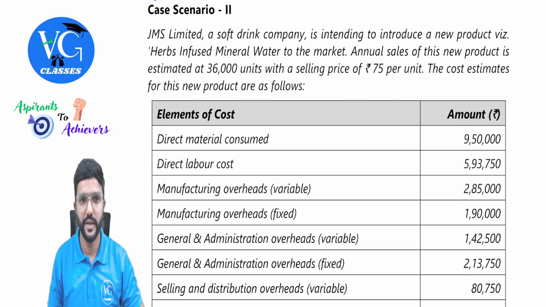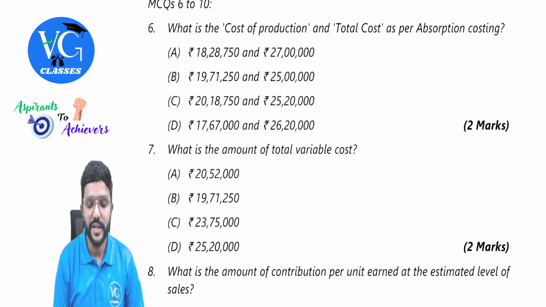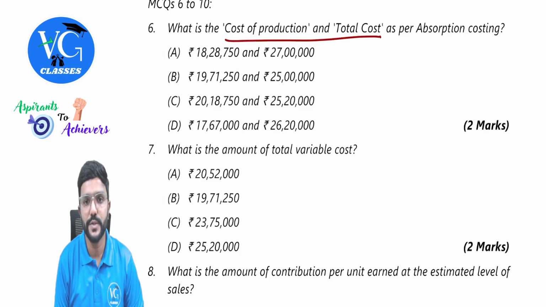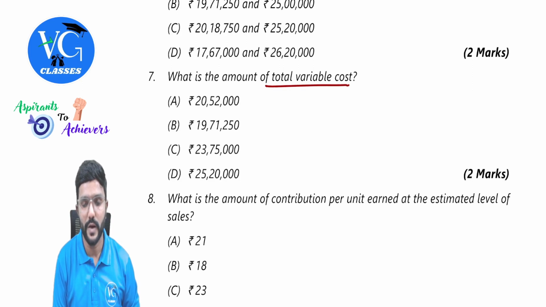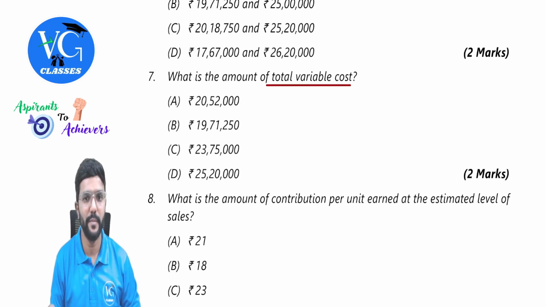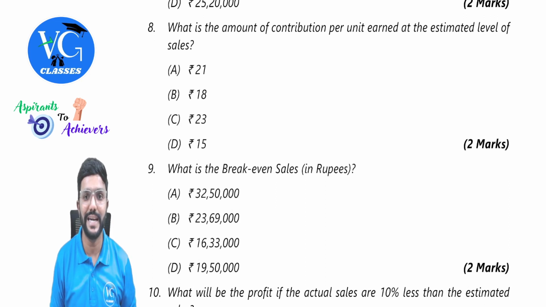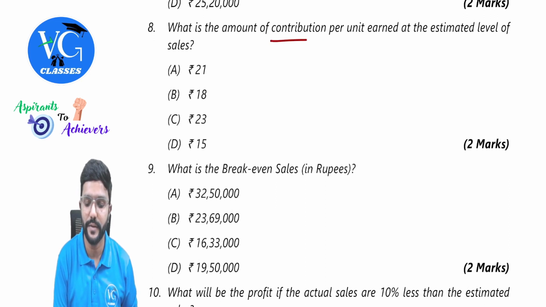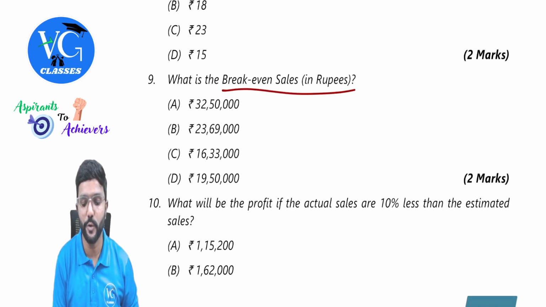Case scenario 2. Here also we'll first read the requirement, people. What is the cost of production and total cost as per absorption costing? What is the amount of total variable cost? Okay, variable only they're asking. What is the amount of contribution per unit earned at the estimated level of sales? Then what is the break-even sales in rupees?